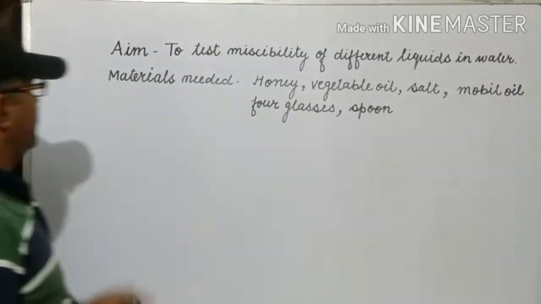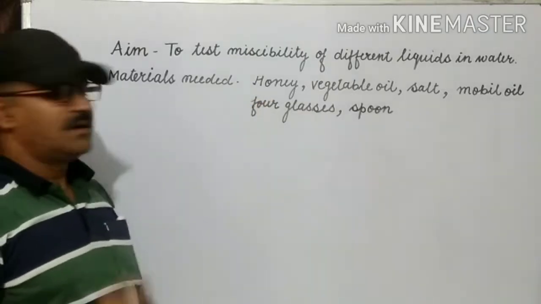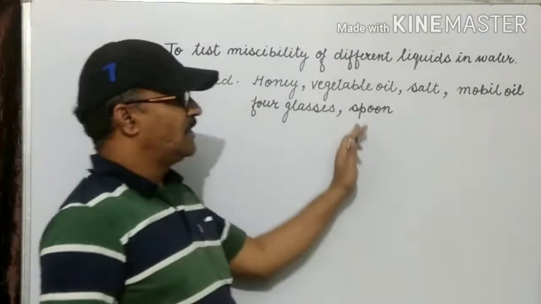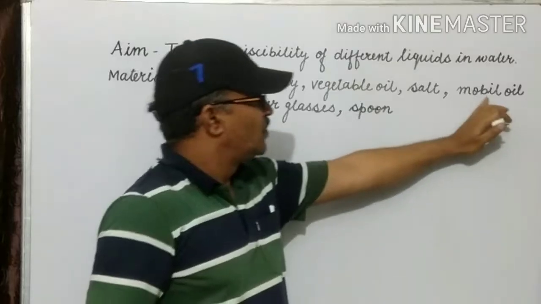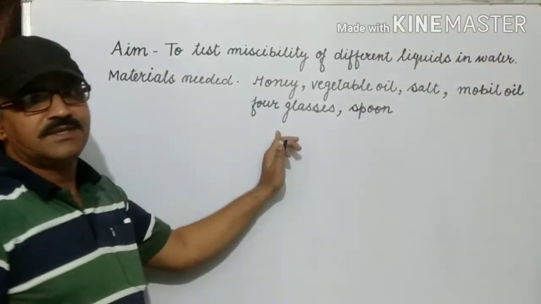These materials are needed: honey, vegetable oil, salt, mobile oil, 4 glasses and a spoon.